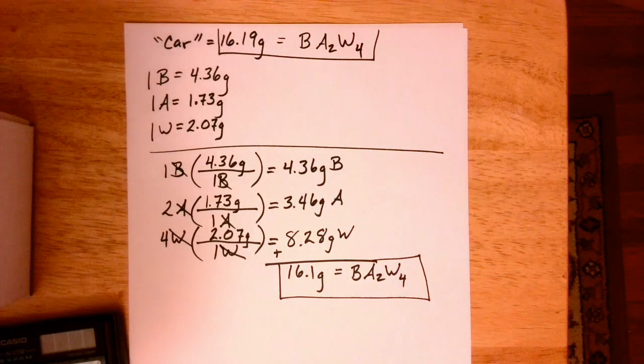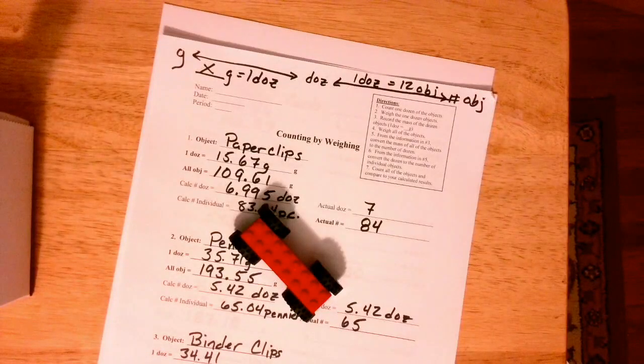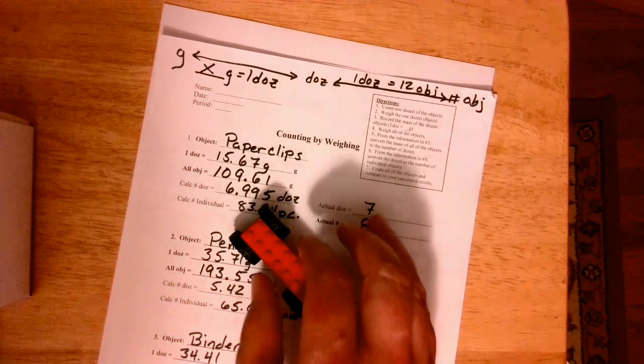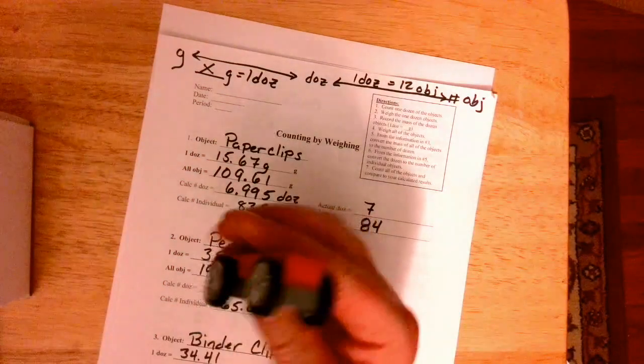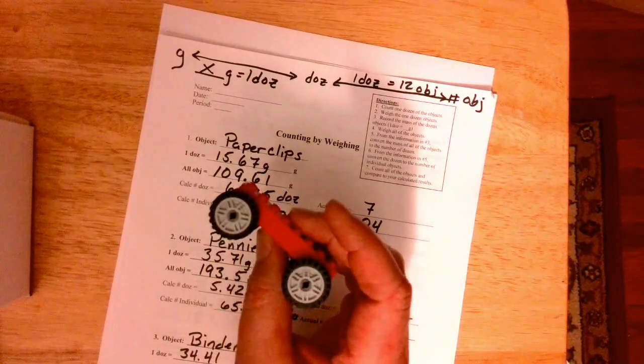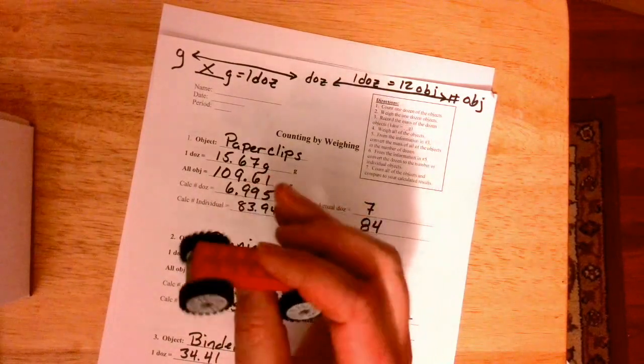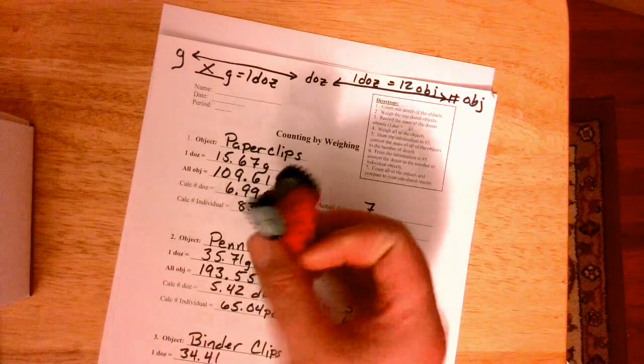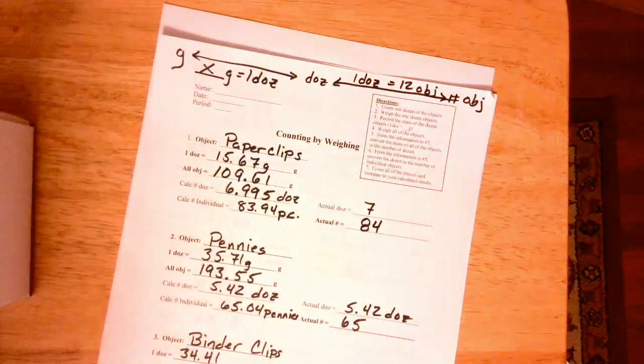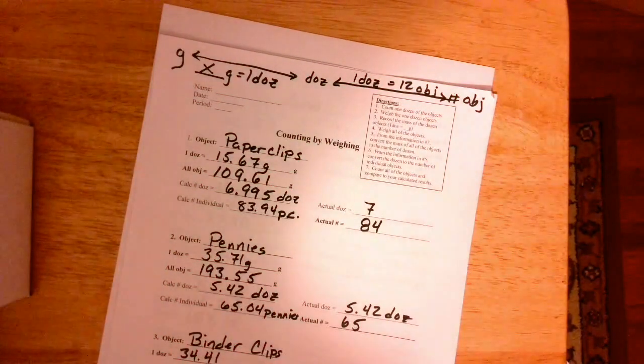So let's take another look at a different example. Now with the example with the car, that's just a single object, and you can find the weight of a single object here. It's made up of several different parts. But we can also do the same thing with a group.